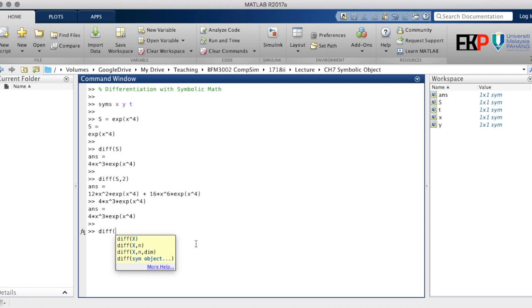For example, we type in diff of 1 minus 4 times x to the power of 3. When we press enter, we get the differentiation of this equation that we typed in directly.